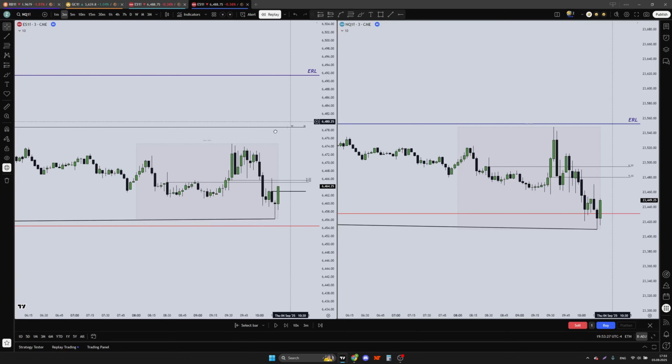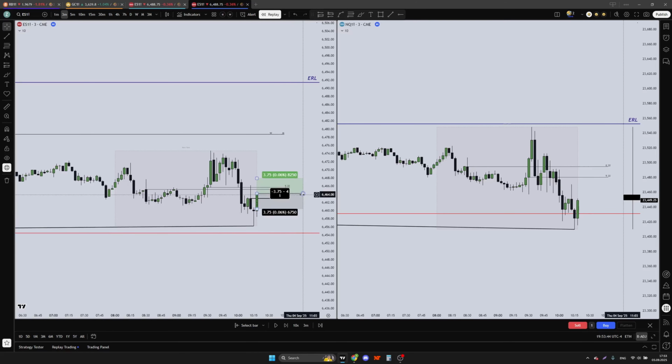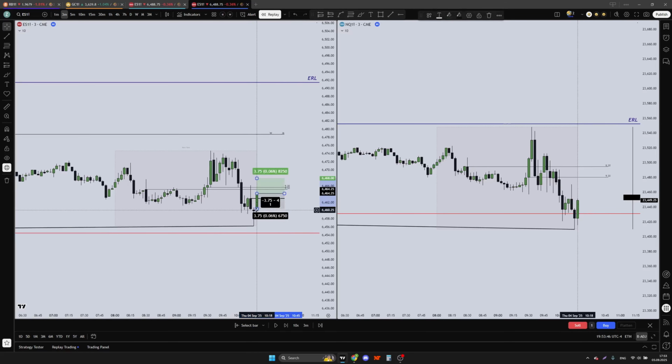I'm using it because there is not that much space in a range. I'm fine entering on the change in the state, but if I'm doing the New York reversal, most likely I'm going to wait for the New York order block continuation entry.